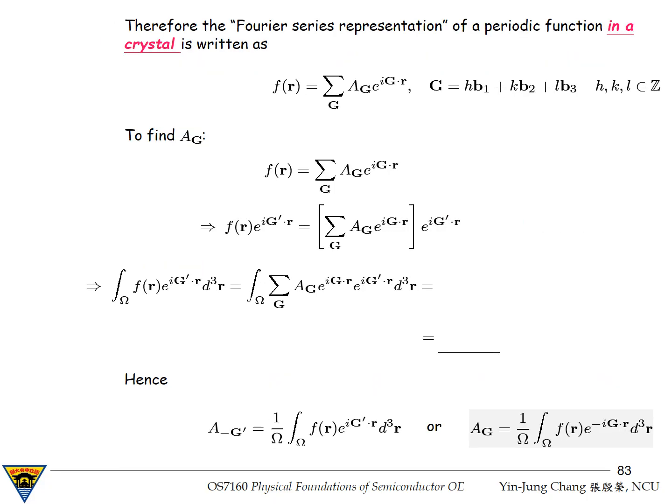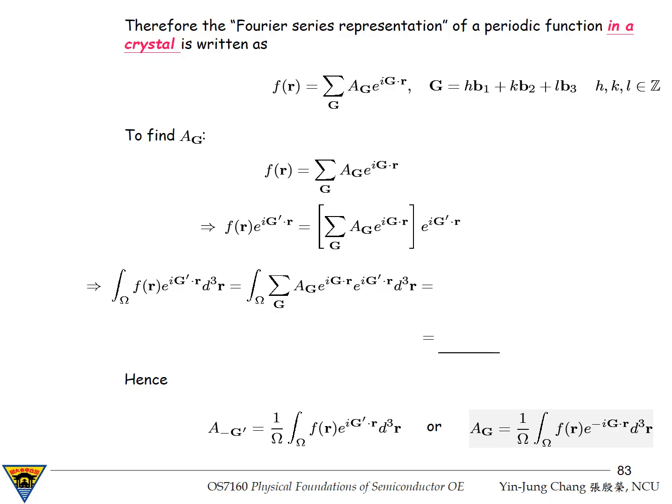Now that we know the functions e^(ig·r) form an appropriate basis, let's derive the expression for the Fourier coefficients. Suppose we express a periodic function f(r) by its Fourier series expansion as shown here. The question is, how do we determine the coefficient a_g? To extract one particular coefficient, we use the same strategy as in ordinary Fourier series.